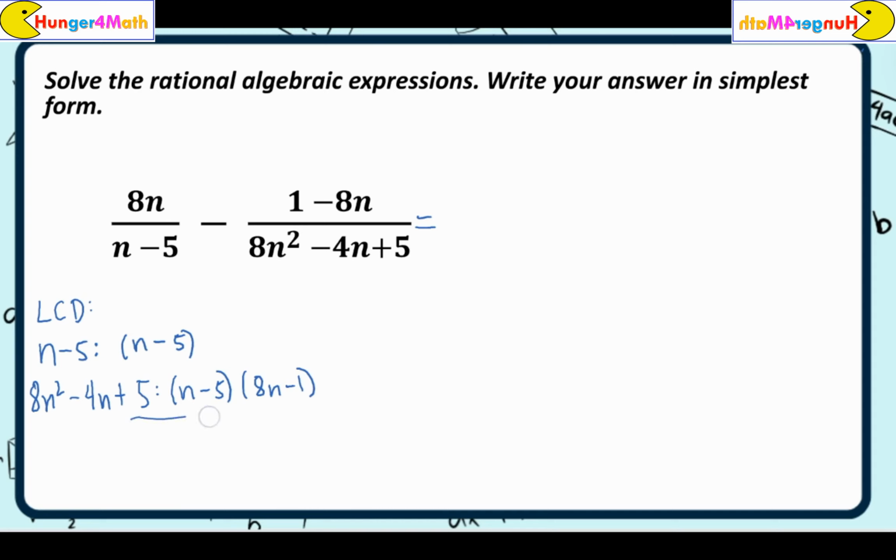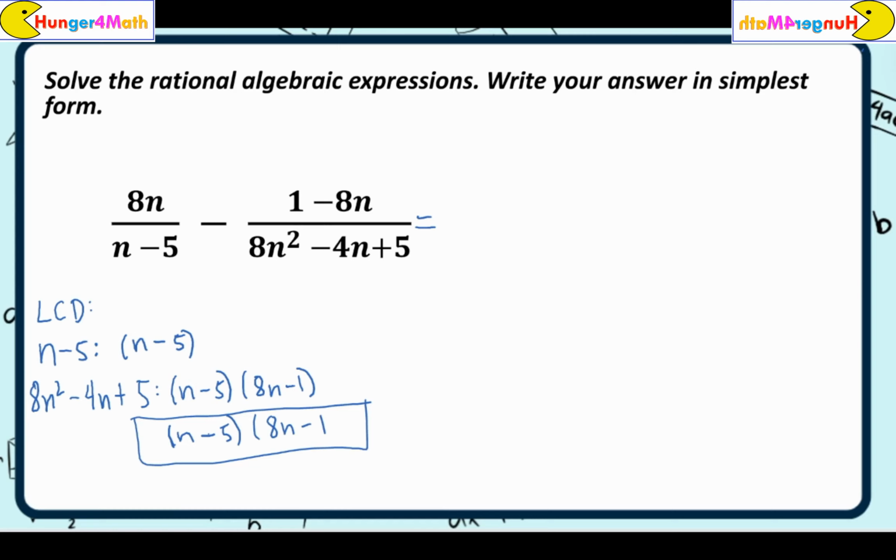Now our LCD will be, since n minus 5 is the same for both denominators, we're just going to use one n minus 5, and then the 8n minus 1. So this will be your LCD.